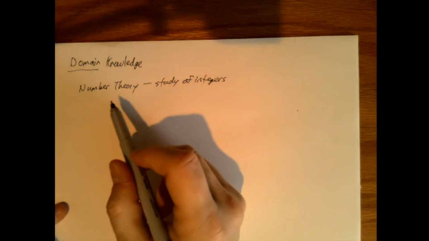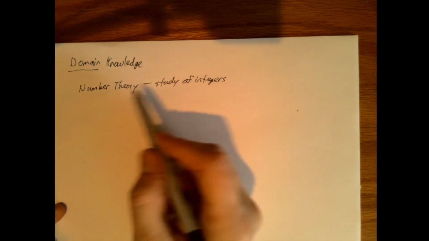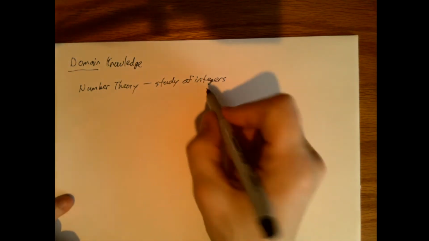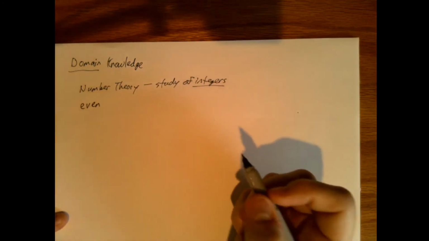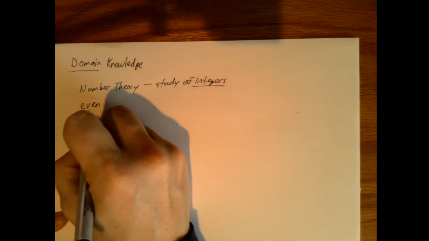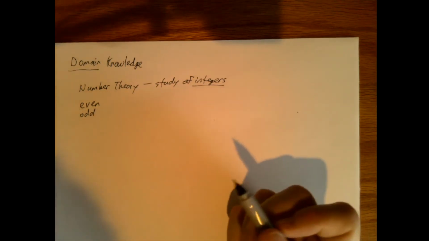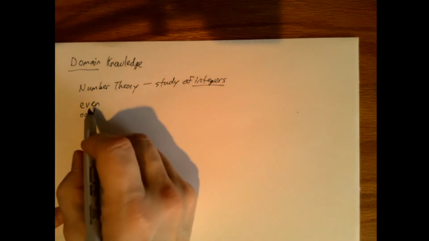And the reason why this is useful as a way to prove things is because you already have some experience with integers, right? You've heard of even numbers, even though you may not know the formal definition. You've heard of odd numbers. You do know both of these are integers. So what is the actual formal definition of an even integer or an even number?